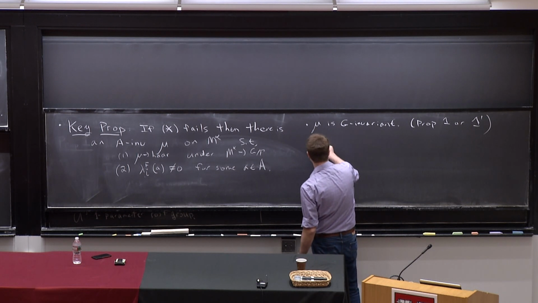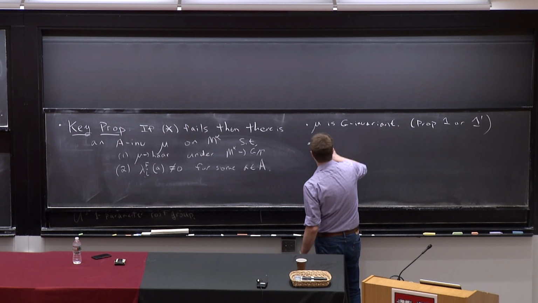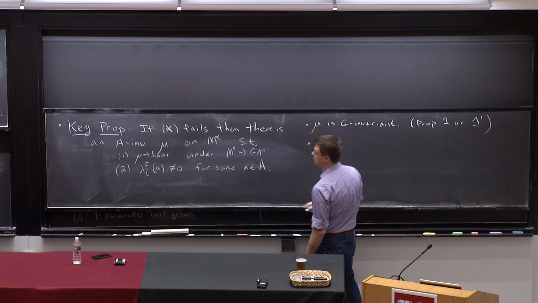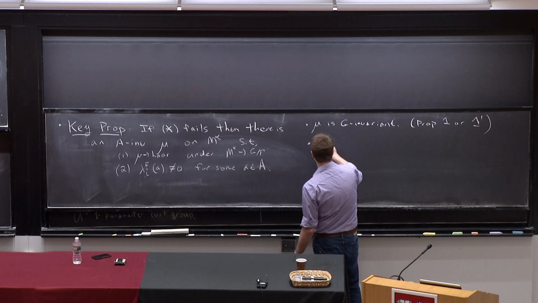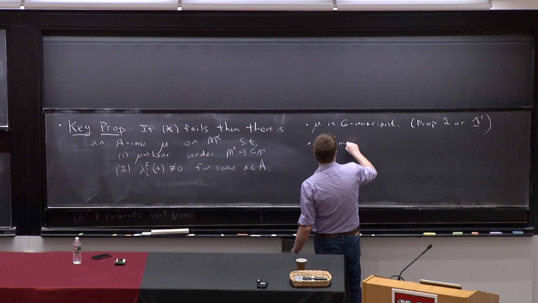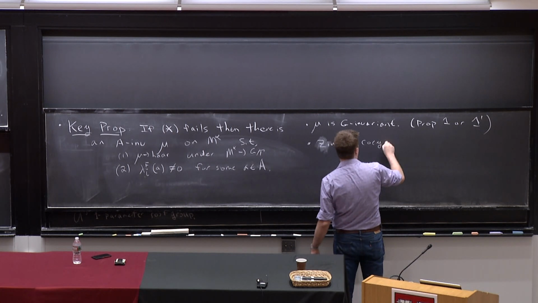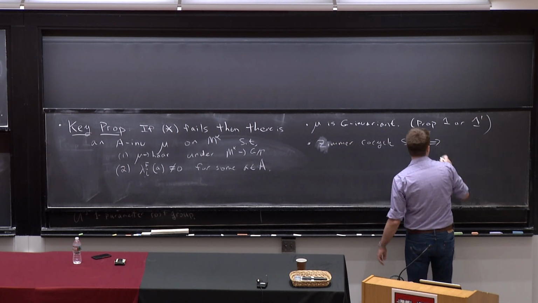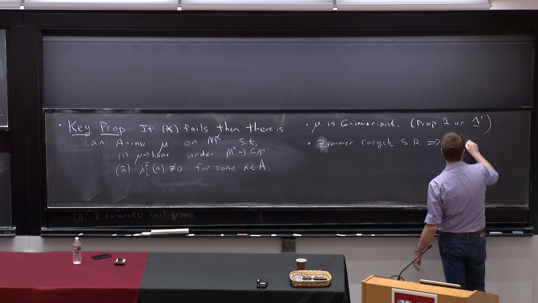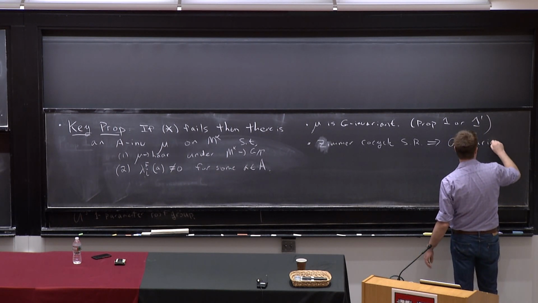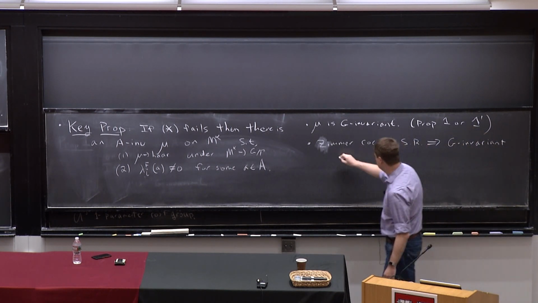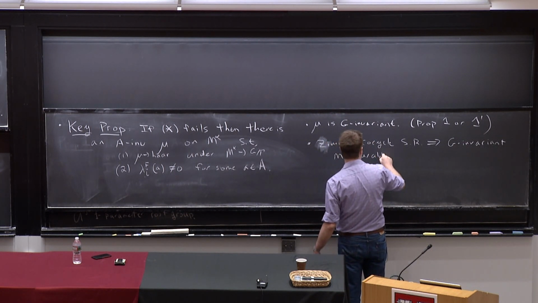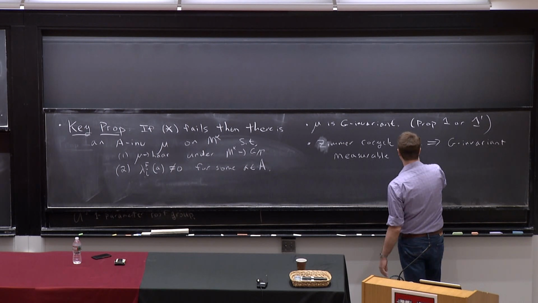So again, we're assuming that the dimension of M is small. So then we have a contradiction. Zimmer cocycle superrigidity will give us that there's a G invariant, again, it's only measurable, but that's OK, measurable Riemannian metric.